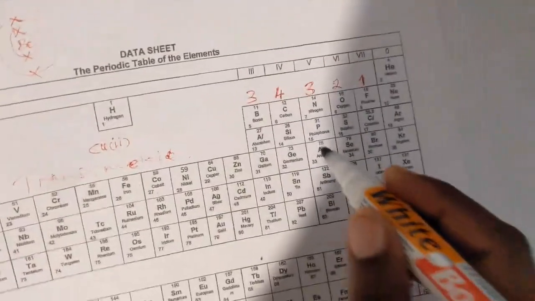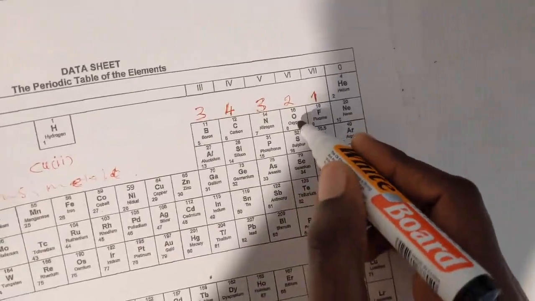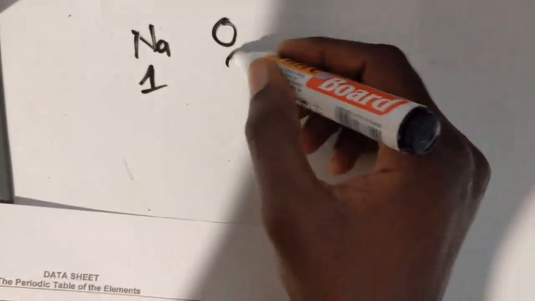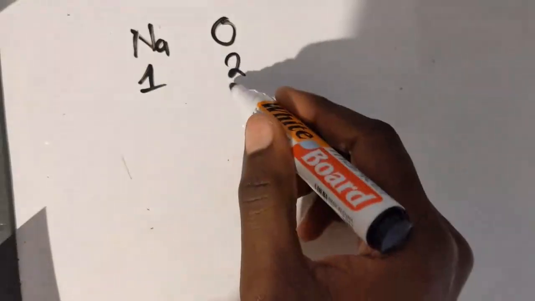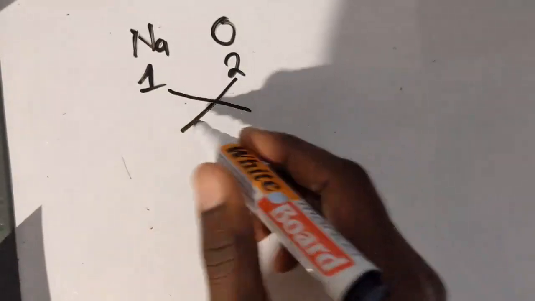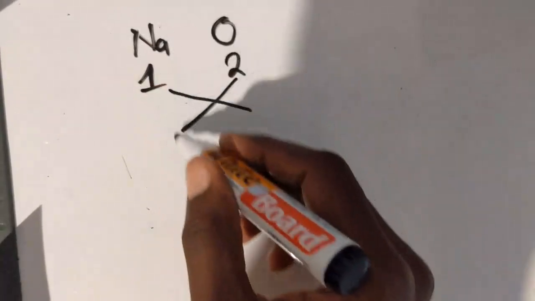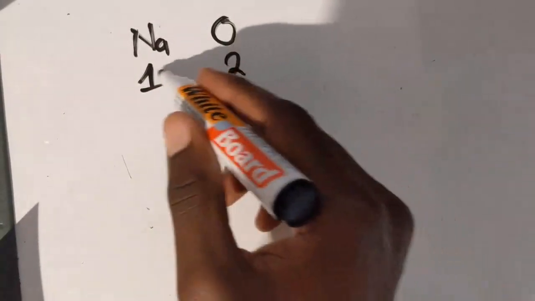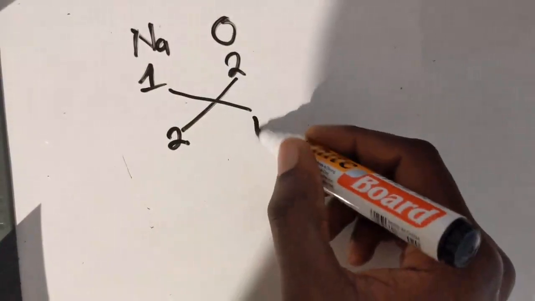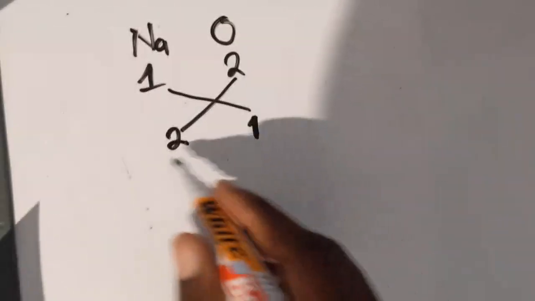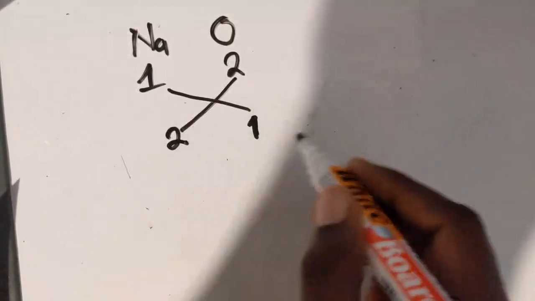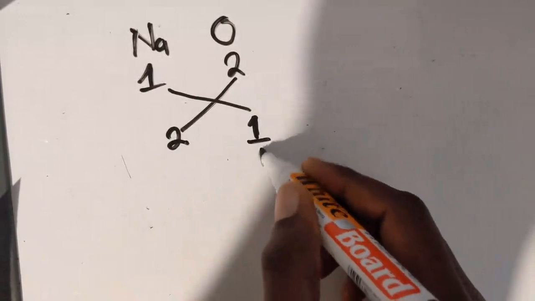When you come to oxygen, it has a valence of 2, you know. So you just put 2 there like that. So you swap their valences. When they swap their valences, the 2 comes to sodium, the 1 comes to oxygen, like that. From here you divide by the common factor, which is a number that can go in both without leaving a remainder, which is 1.